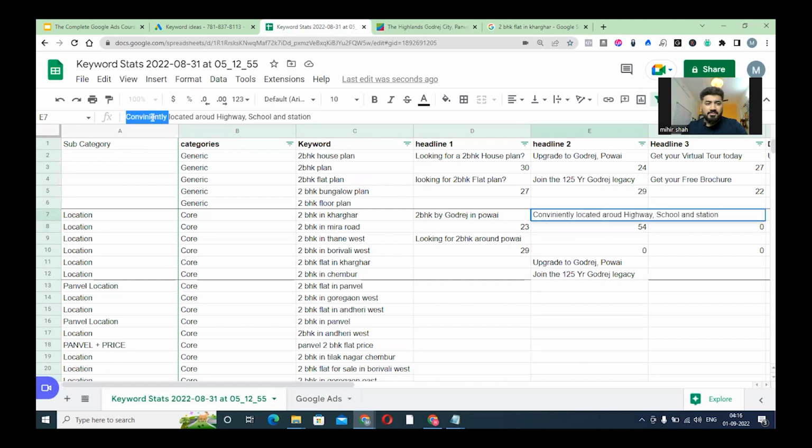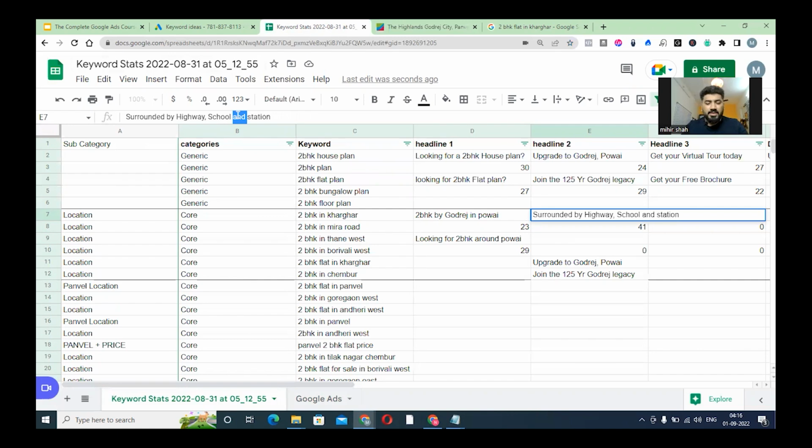So first thing is, let me remove conveniently, and instead of located and surrounded by highway, school and station, it's still 41.